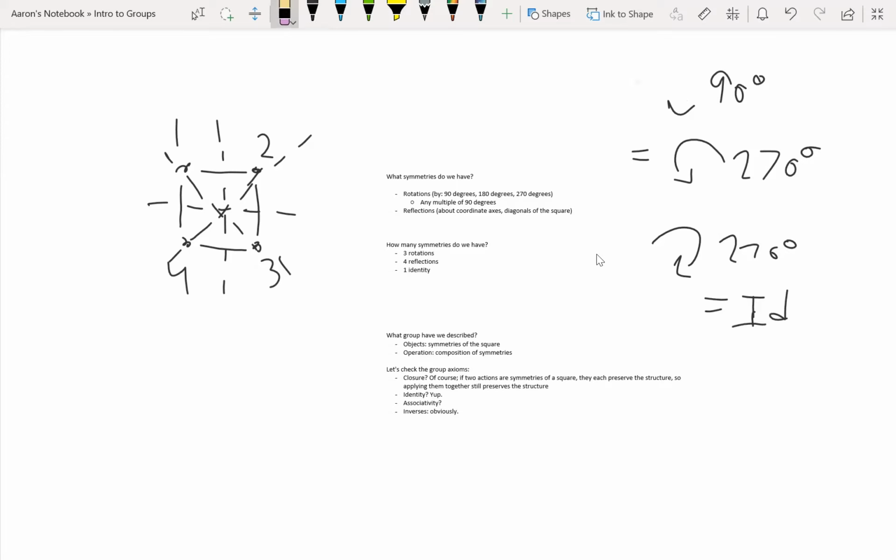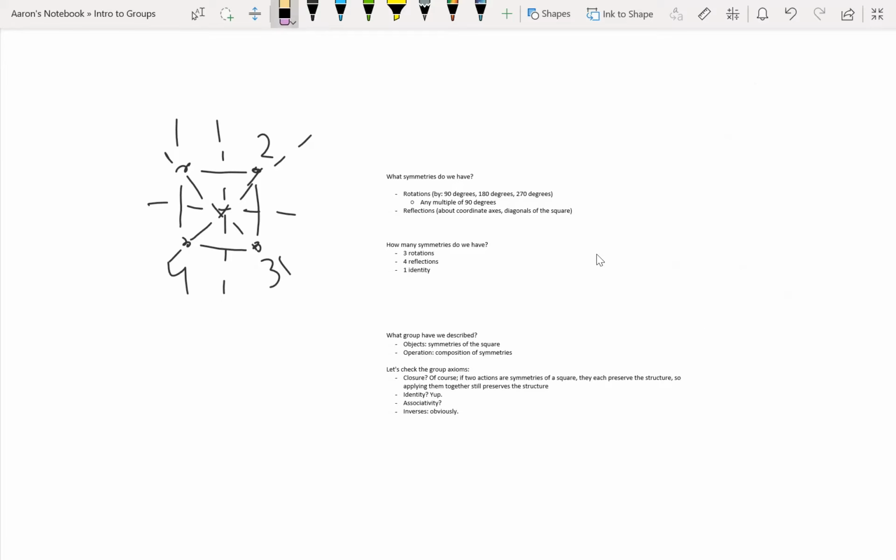It should not be all that difficult to believe, maybe slightly harder to verify, but you should believe that every symmetry has an inverse that's also a symmetry. If I do some action that preserves structure, then you're starting in a state with the structure preserved, and you're ending in a state with the structure preserved. So if you play that backwards, you're still preserving structure, so you still have a symmetry.